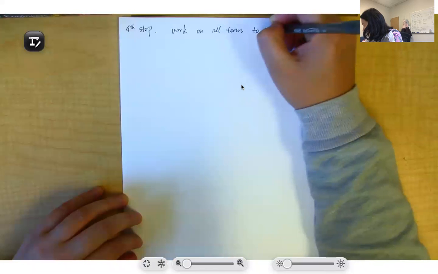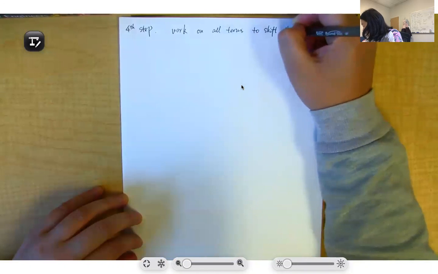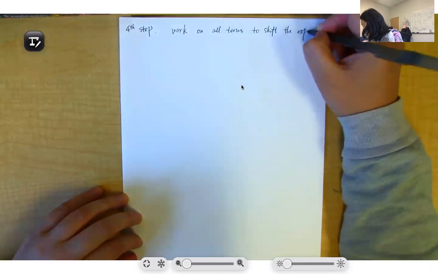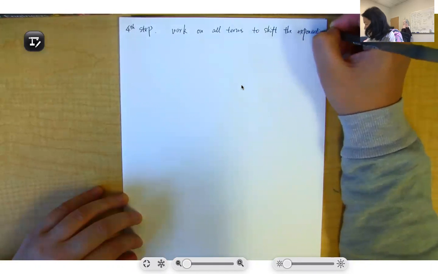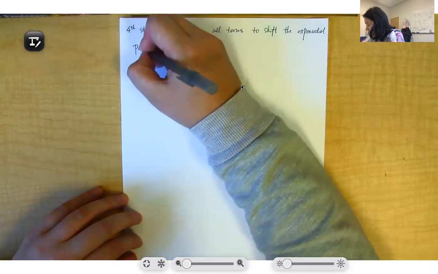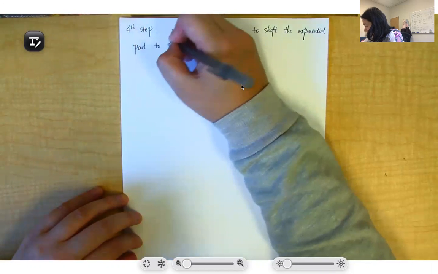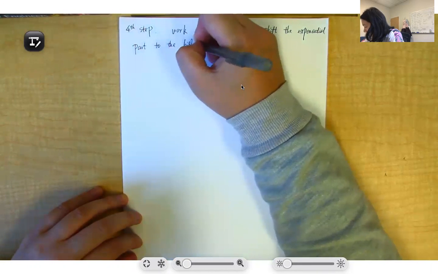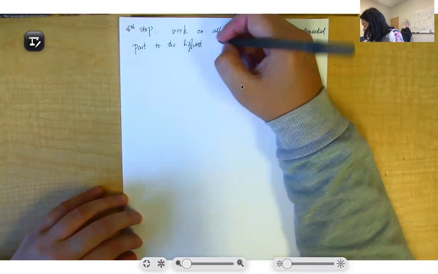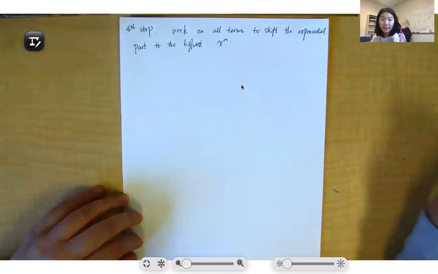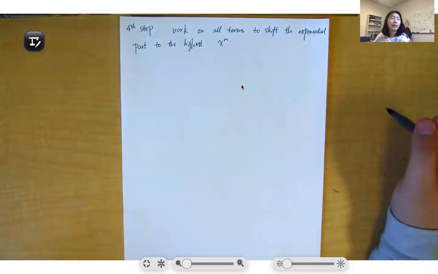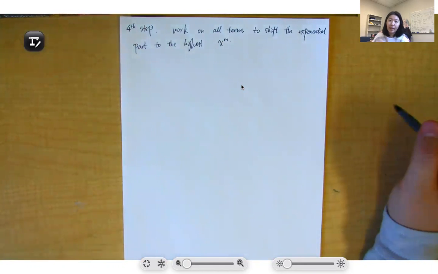Then the first step is work on all terms to shift the exponential part to the highest order, which is x to the m for our case, right? We have the term x to the m minus 2 and x to the m.